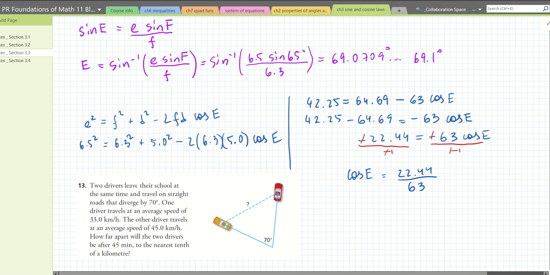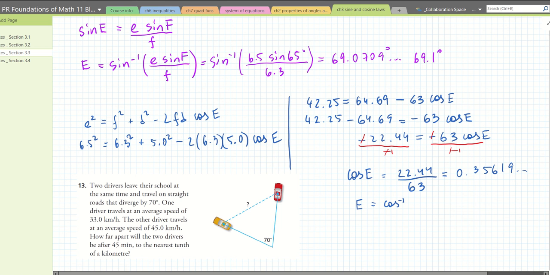And on the left side, you're going to end up with 22.44 over 63, which equals 0.35619, and so on. So again, I would just keep this number in the calculator and then take the inverse of it to get the actual value for E.